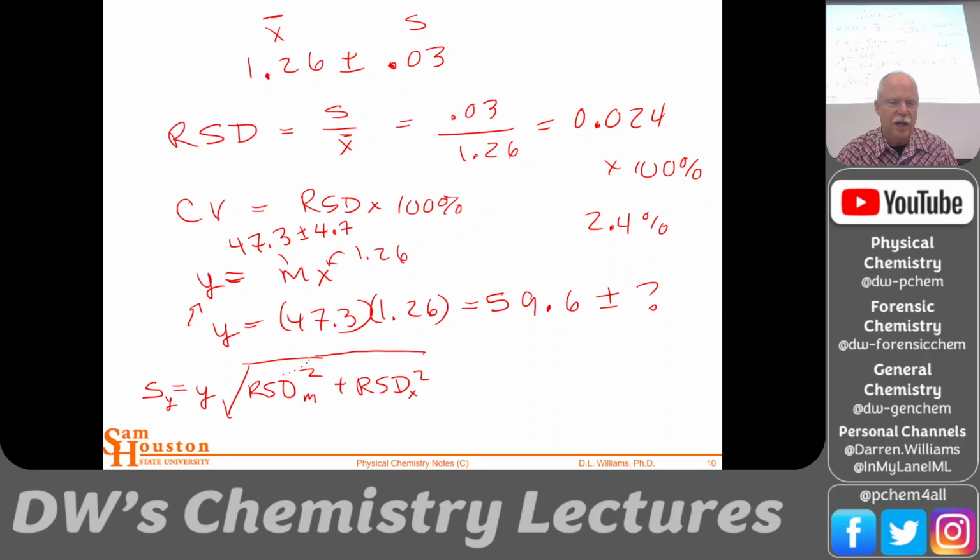So see, it's the sum of all of those RSDs squared. You take the square root and multiply by y, and you get S. Okay. So let's figure out what our RSD m is right here. So that's 4.7 divided by 47.3.